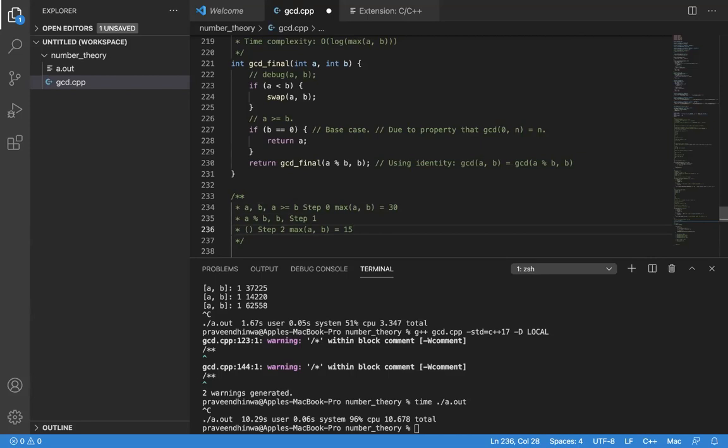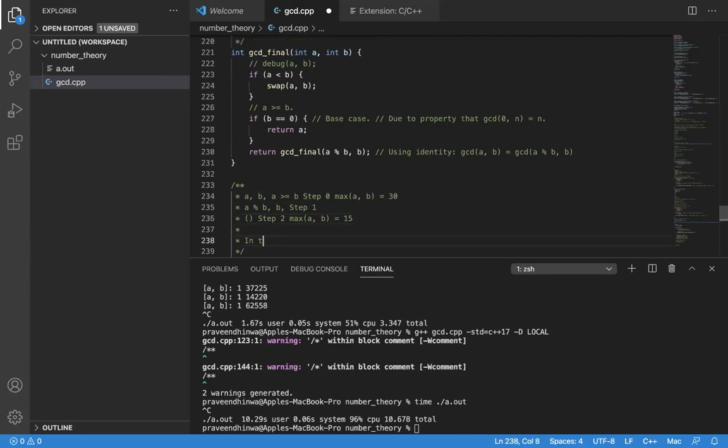So this way, in 2 times log of max of A comma B steps, the max value will go down to 1. So in two steps, the value of max of A comma B becomes at most half of its original value.